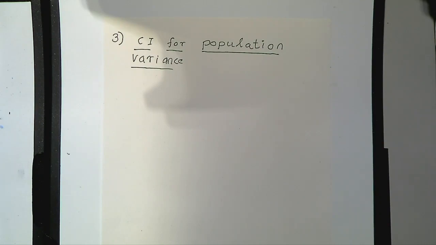So far we talked about the confidence interval for the population mean when the variance is known, and the confidence interval for the population mean when the variance is unknown. All right, now the next thing we're going to talk about is the confidence interval for the population variance, right?